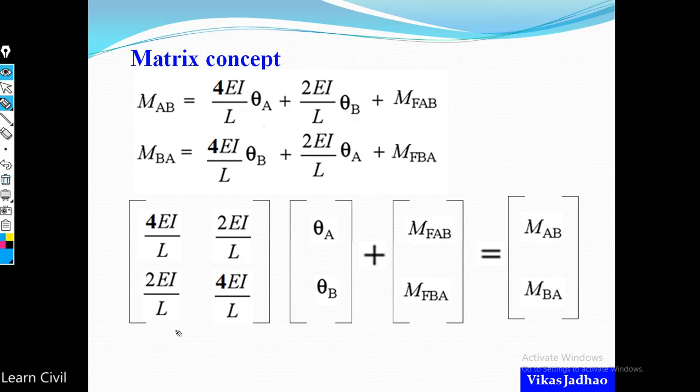Similarly, the second equation will be the second row multiplied by the column of the second matrix plus this value equal to MBA. So MBA is equal to 4EI theta B divided by L plus 2EI theta A divided by L plus MFBA.